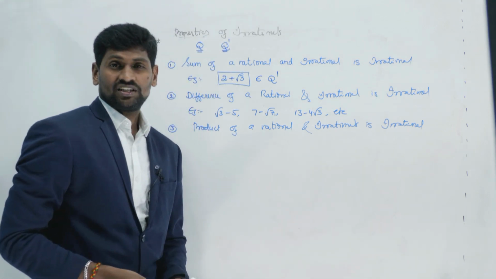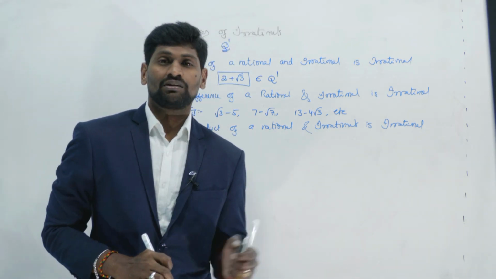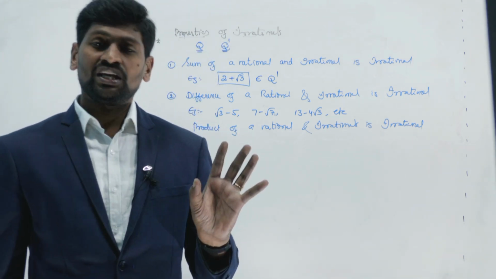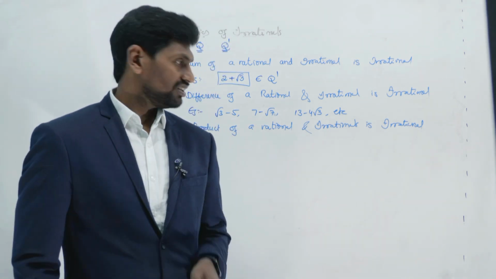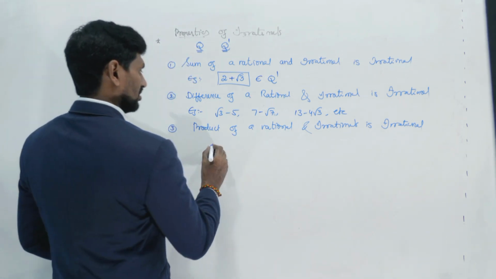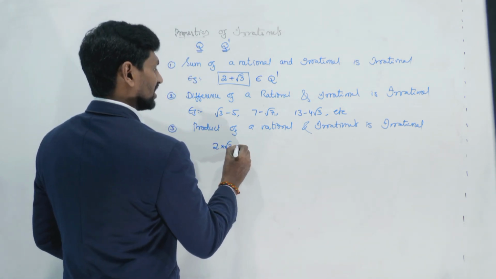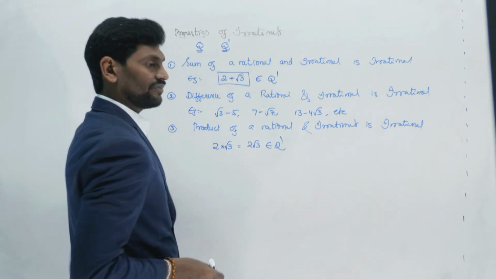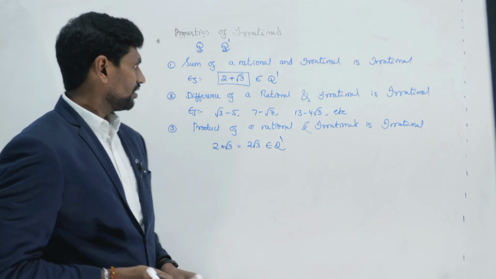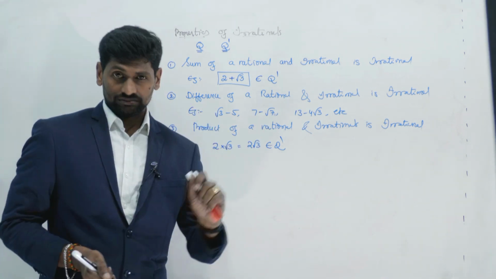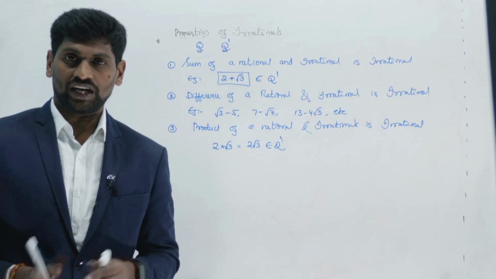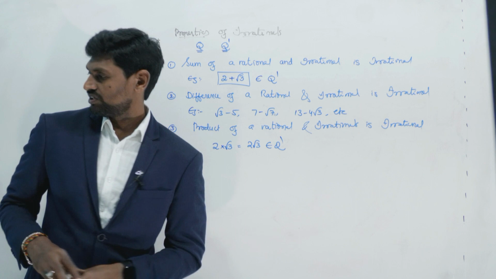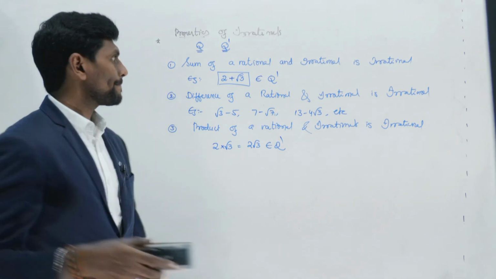I told you already: if you take a rational number and an irrational number and apply any arithmetic operation between them, the result must be irrational. 2 is rational, root 3 is irrational, 2 root 3 is irrational. Same like this, the quotient of a rational and an irrational number is irrational. Clear until then? Let us go to the next concept.